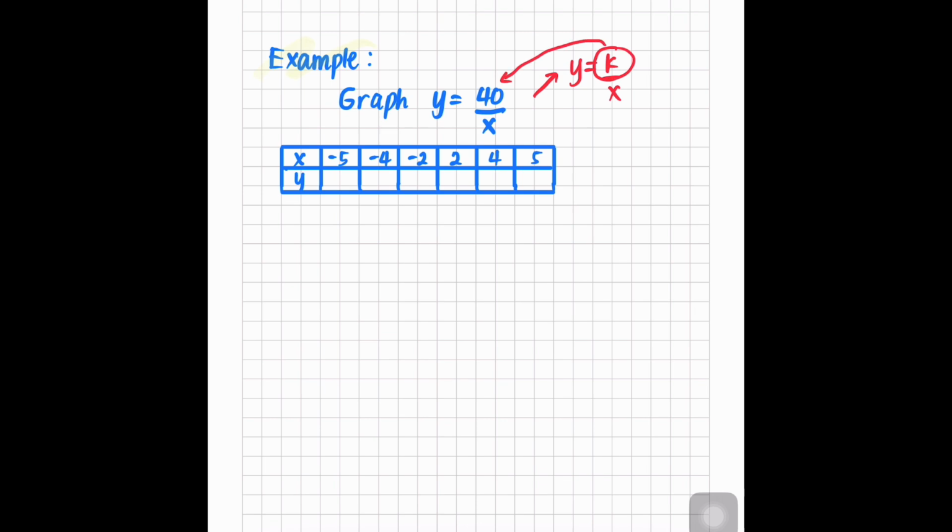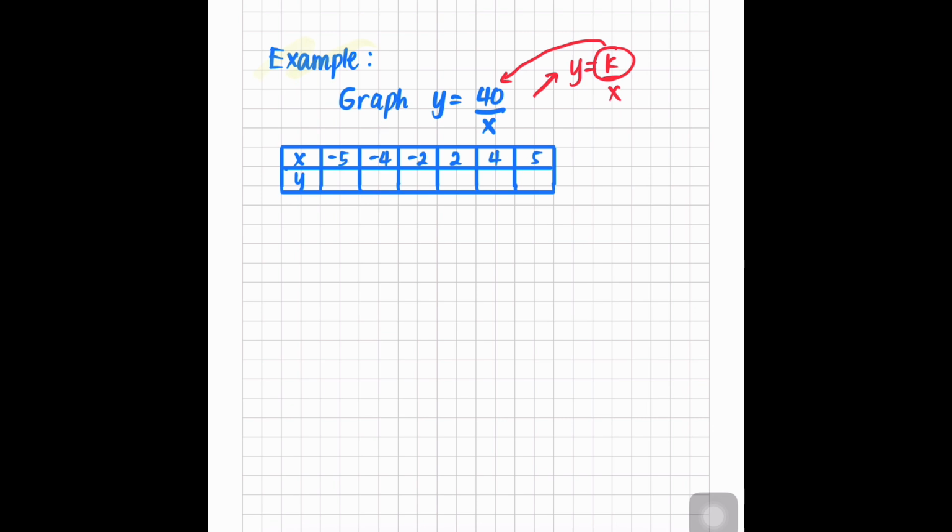Now, before graphing the equation, it is always best to create a table of values. So here, I have prepared the table, but what we need to do is fill in the missing values for y. You also notice that I have assigned values for x.